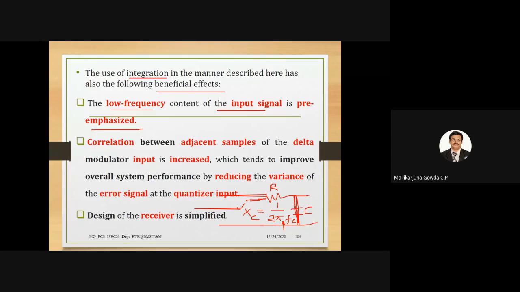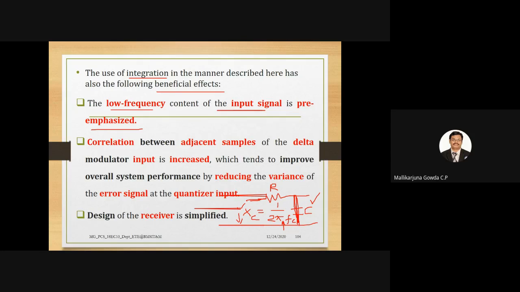As f increases, the reactance decreases, and it becomes a short circuit, grounding the high frequency signal. Hence I say it is a low pass filter. So an integrator is a low pass filter.